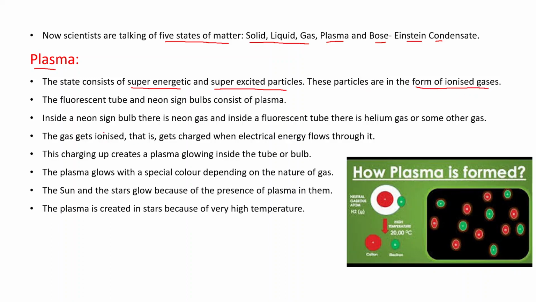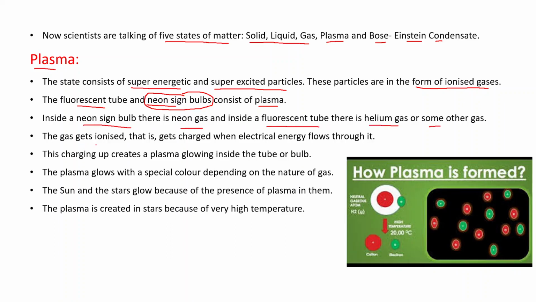Clear? Fluorescent tubes and neon sign bulbs consist of plasma. I think you are familiar with neon sign bulbs. Neon sign boards are also there, and at night when you go to the market, you can see these. Inside a neon sign bulb there is neon gas, and inside a fluorescent tube there is helium gas or some other gas.